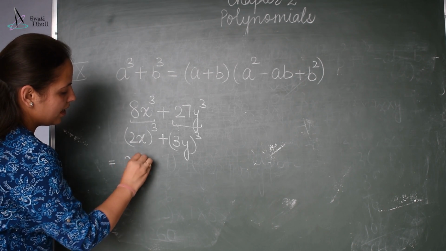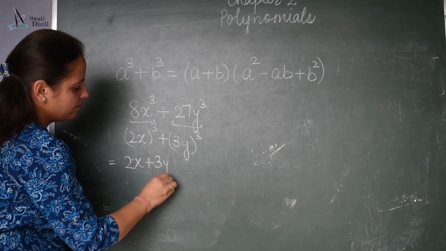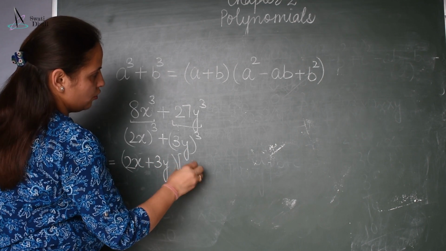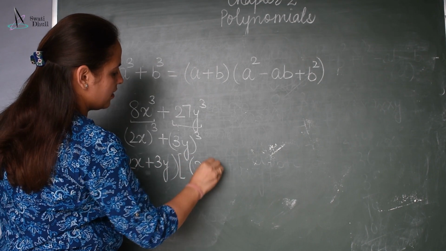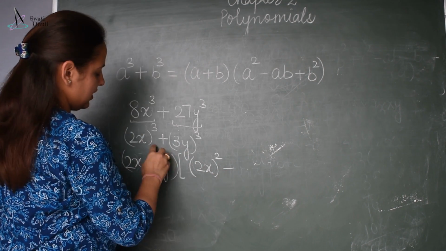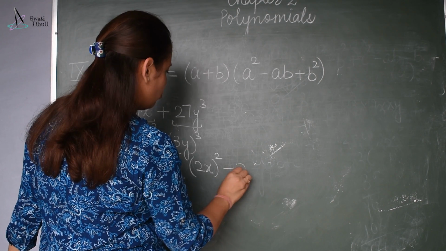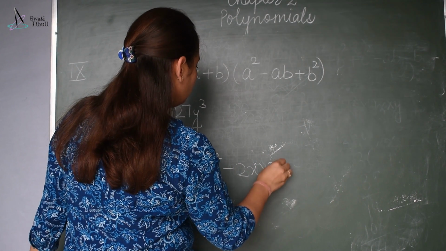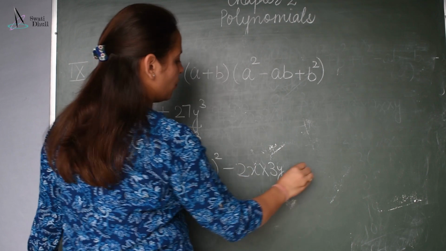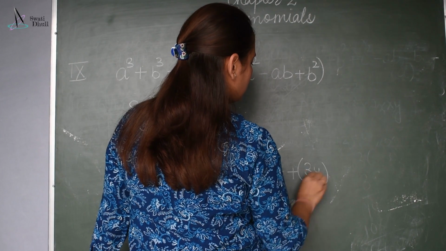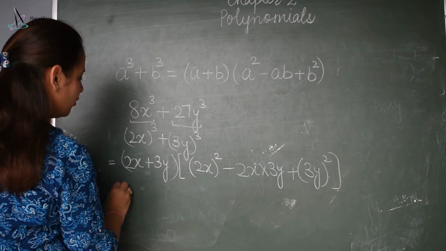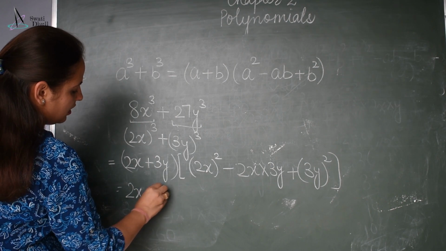So it will be 2x plus 3y into a square, which is 2x whole square, minus ab, ab is 2x into 3y, plus b square, which is 3y whole square. So it is equal to 2x plus 3y.